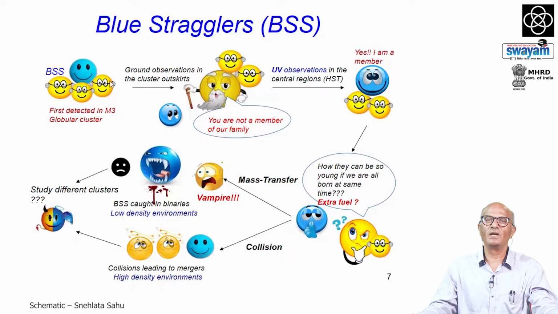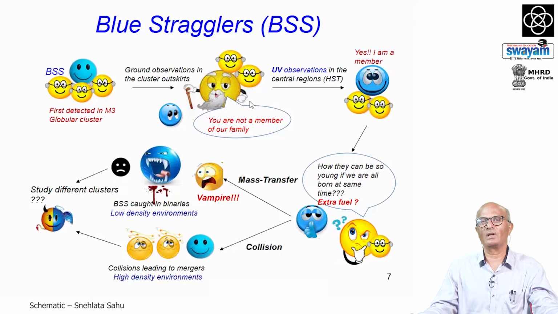then the easiest way was ground based observation of the cluster, and we said that you are not a member of the family, that you are not a cluster member, and they started saying no, we are cluster members.